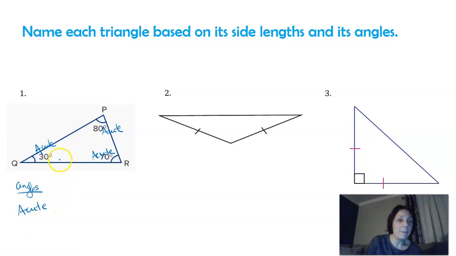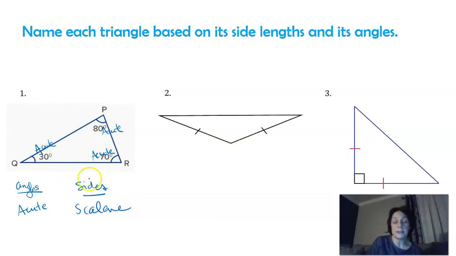If we give it a name based on its sides, we need to figure out if it has any sides that are equal. Notice in these ones there are some tick marks involved. There are no tick marks here. It's got nothing equal. So if none of the sides are equal, we say it is scalene.